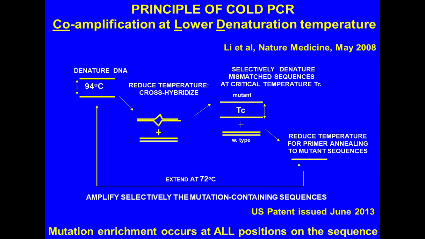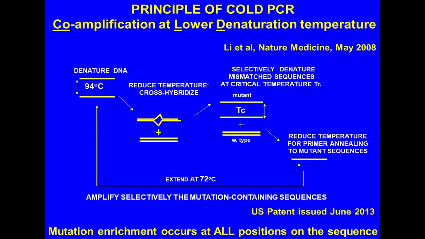The homoduplexes remain hybridized. And following that, then we reduce the temperature to, say, binding temperature of 60 degrees. The primers bind preferentially to the denatured heteroduplex that contains the mutant, and we synthesize preferentially the mutant sequences.